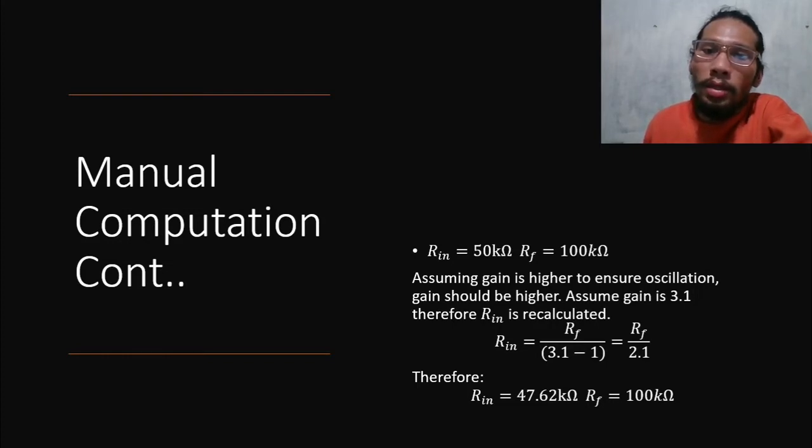Therefore, R in is recalculated using the gain 3.1, and that is R in is equal to RF over 3.1 minus 1, and that results to RF over 2.1. Therefore, the R in for the oscillator circuit is 47.62 kilo ohms, and the RF is 100 kilo ohms.